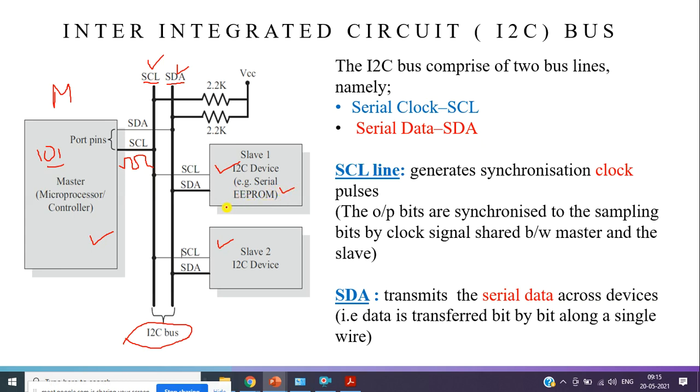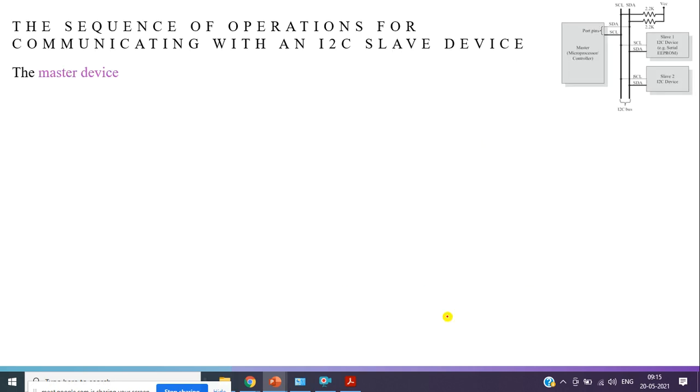I took the example of an EEPROM. This is nothing but a memory from which I may fetch the content, or after performing some job in the microcontroller, I may store the result back to the memory. So the data has to be transferred from master to slave or from slave to master. In this regard, the job of the SDA bus is to transmit the serial data across the devices.